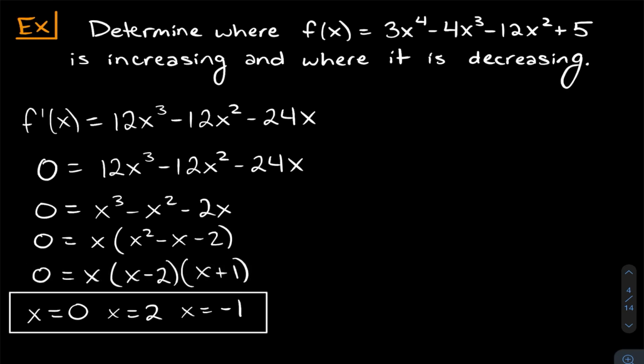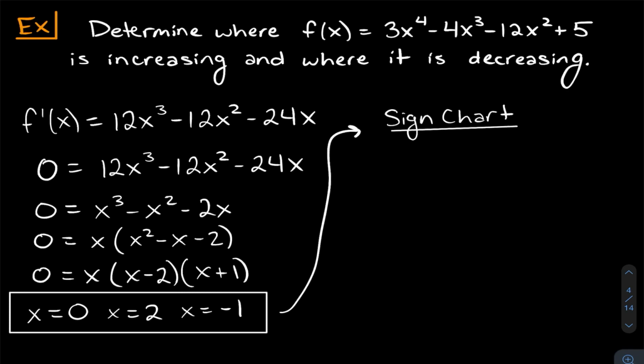So now what we can do is make this thing called a sign chart. Why do I call it a sign chart? I call it a sign chart because it's basically a number line, and it's going to have your critical points on it. So we're going to have 0, 2, and -1. It's not going to have the regular number line spacing.